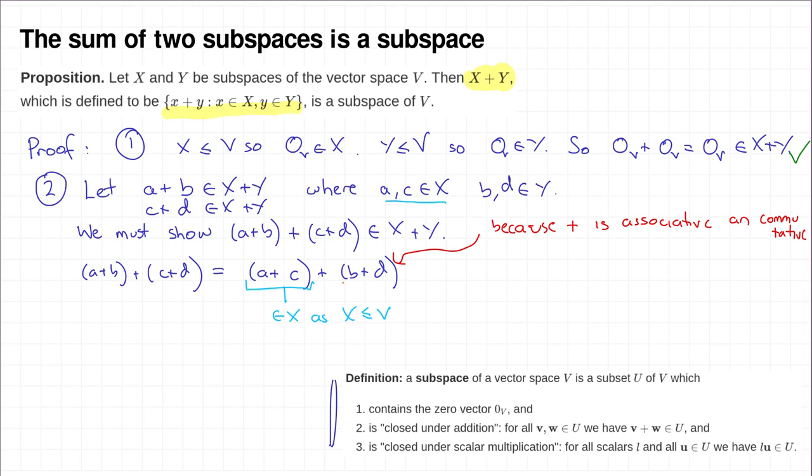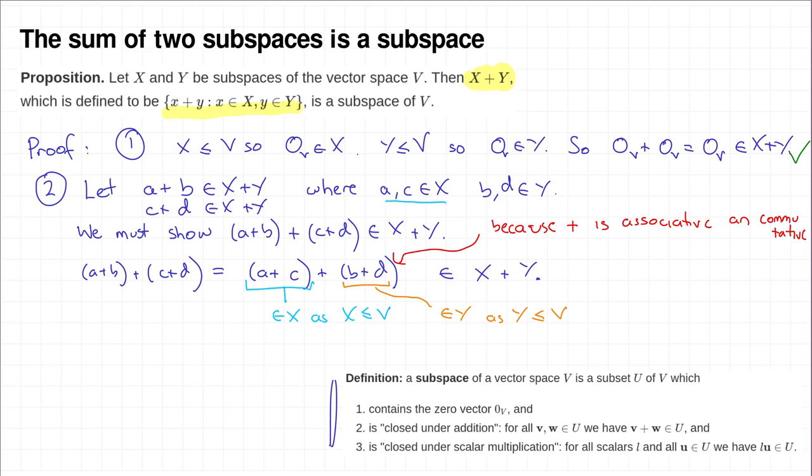Similarly, b and d were elements of Y. So b plus d will be in Y, as Y is a subspace and therefore closed under addition. So what we have is the sum of an element of X, namely a plus c, and an element of Y, namely b plus d, and that is therefore an element of X plus Y, because it's something in X plus something in Y.